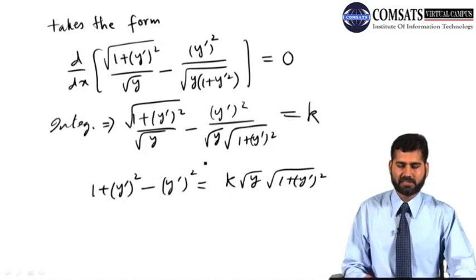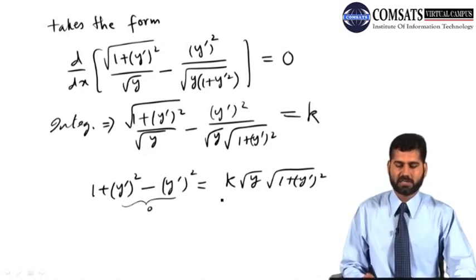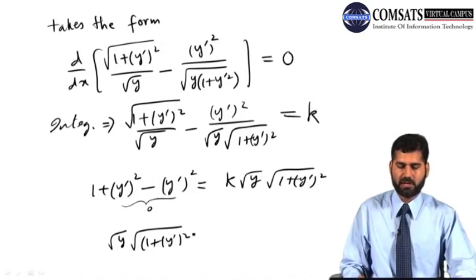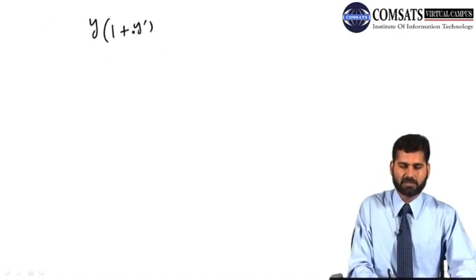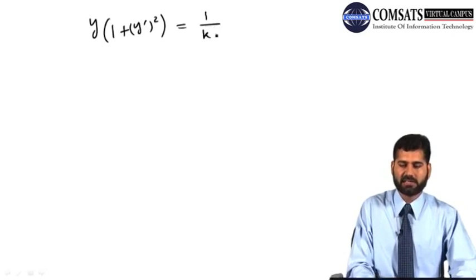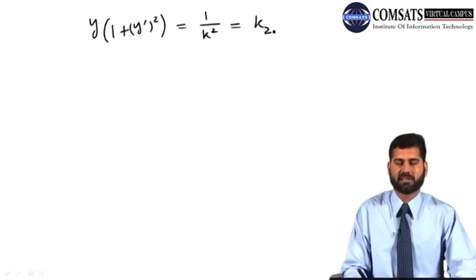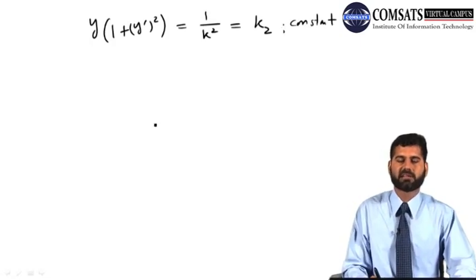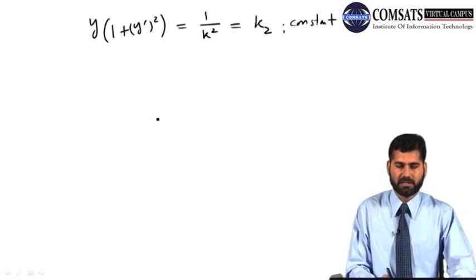All right. So from here this cancels out, this is 0. So you got y times 1 plus y prime square is equal to 1 over k, and if you take the square here, you will get y times 1 plus y prime square is equal to 1 over k square, and call it k2, let's say. All right, call it k2, because it's a constant, another constant. So I can write it k2.